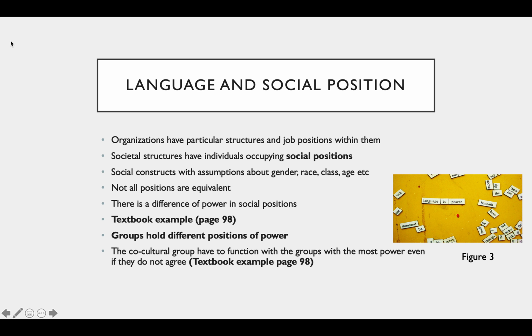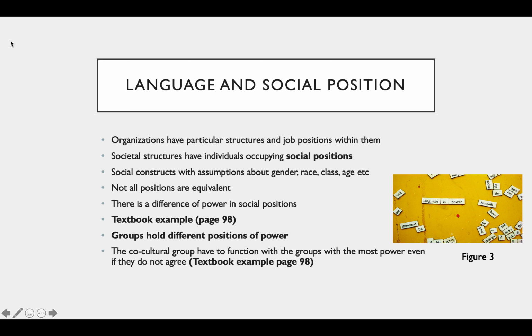Power is a central element within social positions, because a judge in a court will have a higher ranking in the social structure. Where an individual occupies the hierarchy, their words are going to have more power than those lower down. So when a judge speaks, it carries much more weight than when your neighbor speaks, because you might feel there's more equal status there. This is to do with individuals in a societal hierarchy.